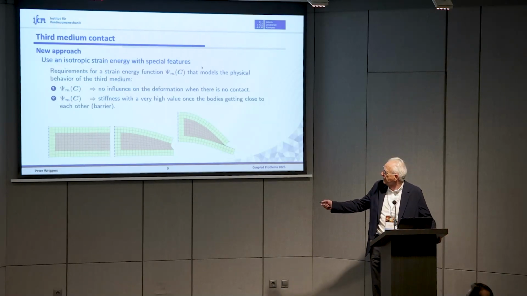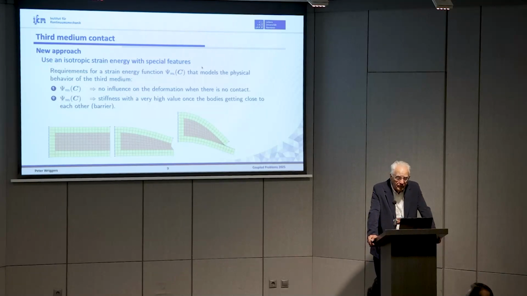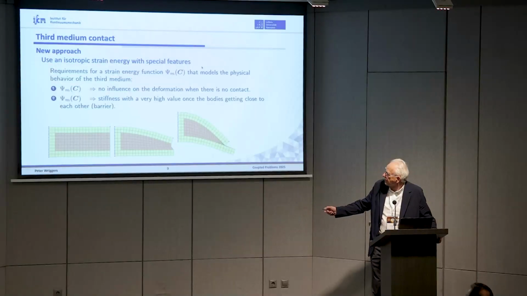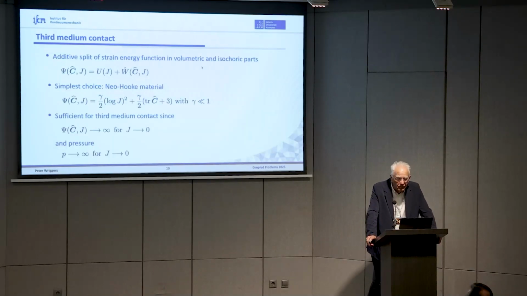The other thing is, you can also see this already here, and we will talk about this, that you have to be a little careful in the design of the third medium, because these elements, if you take standard elements, will deform a little bit differently. So what do we do?